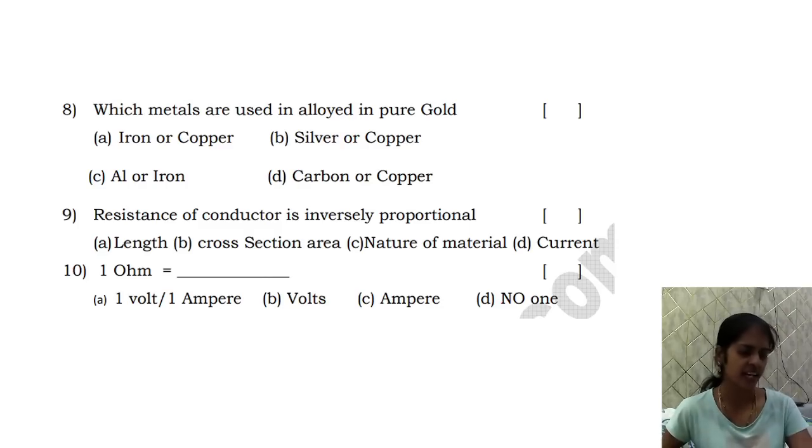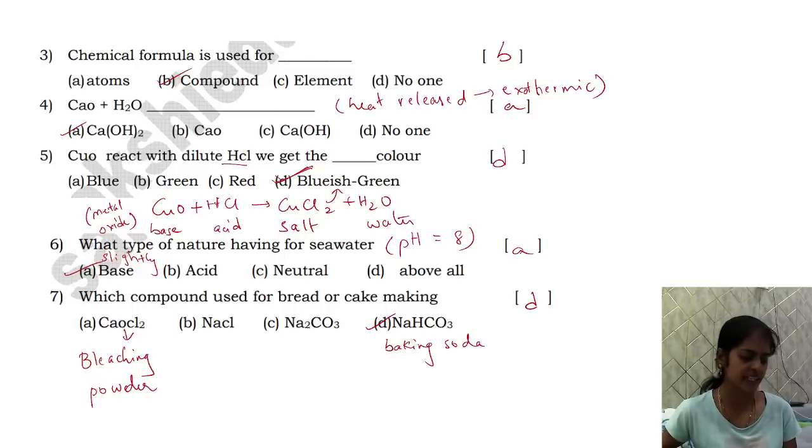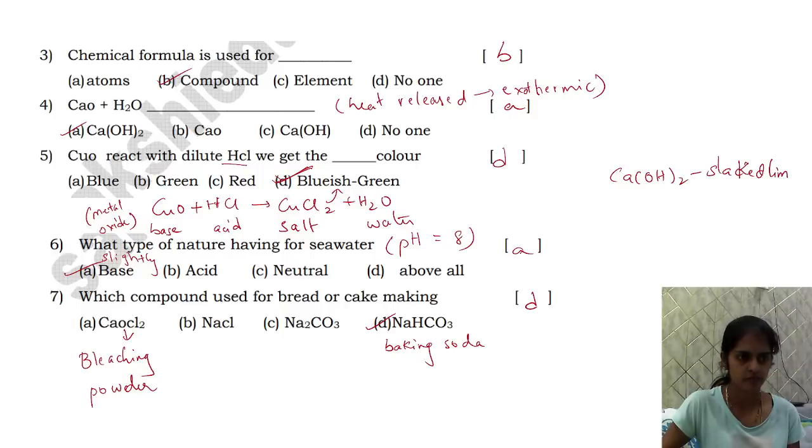Few more are there. Let me write it here. Ca(OH)2 is slaked lime. Then Na2CO3·10H2O is washing soda.